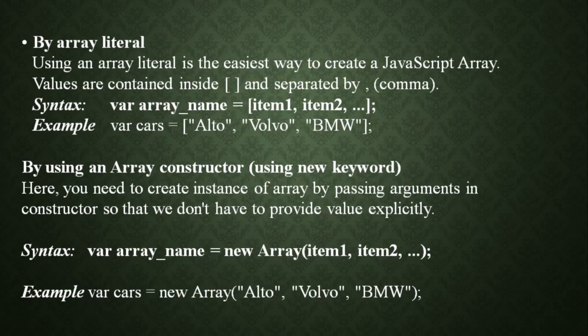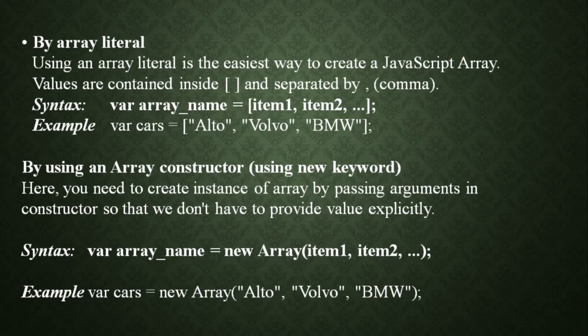Values are contained inside square brackets and are separated by commas. Here, item 1 is, I am using car names like Alto, Volvo, BMW.